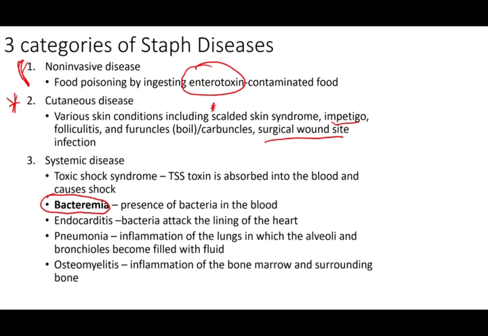And once that occurs, bacteria can end up in a variety of places, whether that is the lungs or in the bone. Also, we can have some issues with the heart. And then if the toxin is traveling through the bloodstream, we have at least that one specific toxin, the toxic shock syndrome toxin, that can lead to toxic shock syndrome. That's a systemic disease that affects a variety of physiological systems, as we saw on a previous slide.